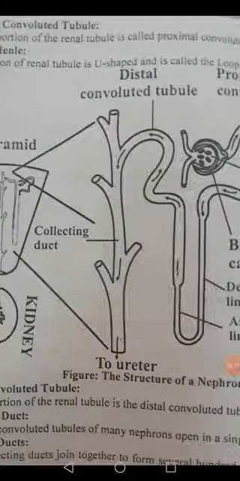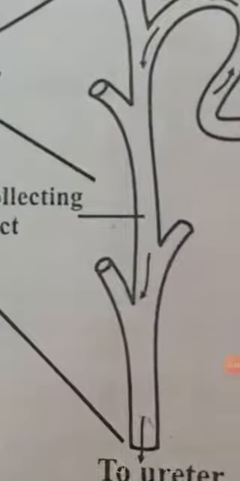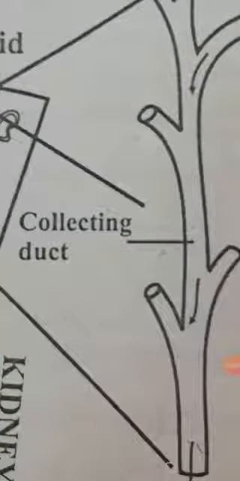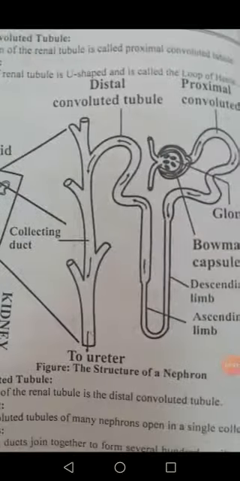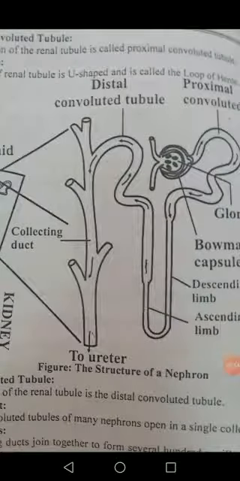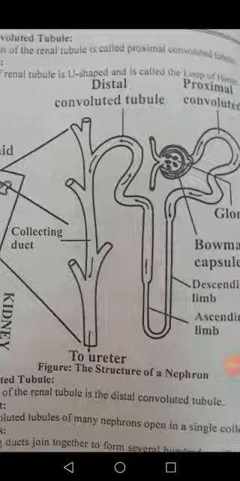Many collecting ducts then join together to form several hundred papillary ducts, which drain into the renal pelvis. So this is the structure of the nephron, the functional unit of the kidney.